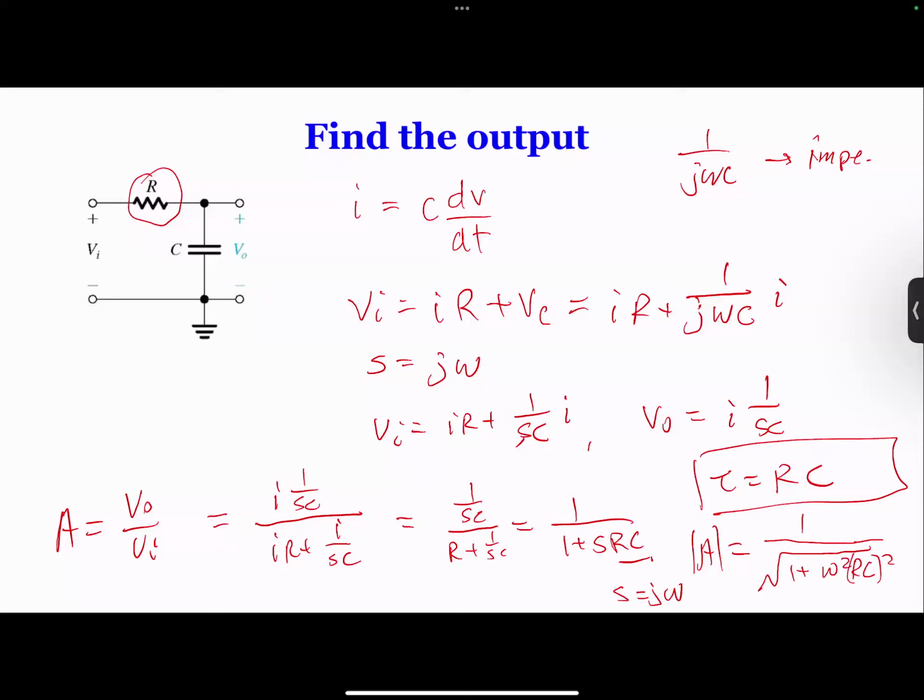We got this. So if we plot this gain A as a function of omega, you will get something like this.